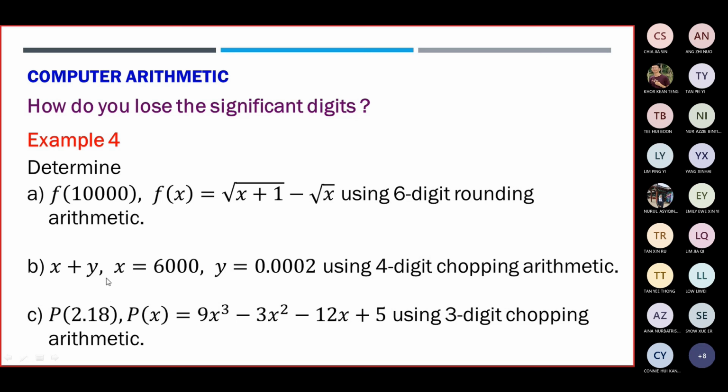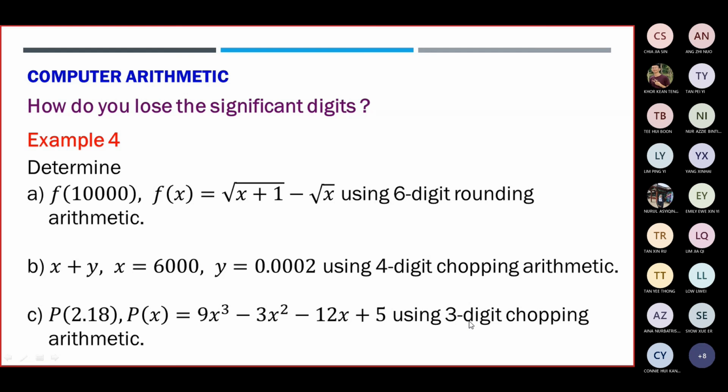Second question, x plus y, given the x and y values, you need to use 4-digit chopping arithmetic. And then question C, they give a cubic function, and the x value given is 2.18. Then they want you to use 3-digit chopping arithmetic.